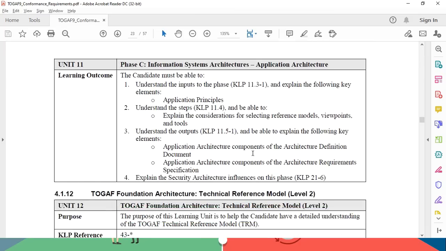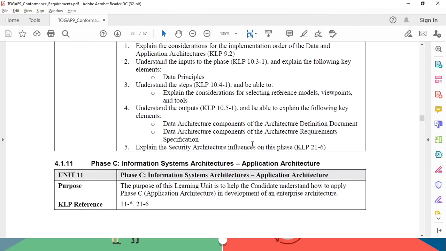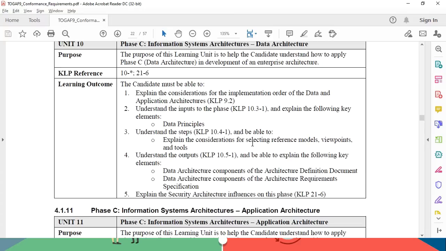So in this we will again see what the application principles are, how we will be using the reference model, we will see the building blocks, which means the architecture building blocks and the solution building blocks, and we will be seeing the architecture definition document in our scenario, and directly we will also be looking into the artifacts from the content metamodel.